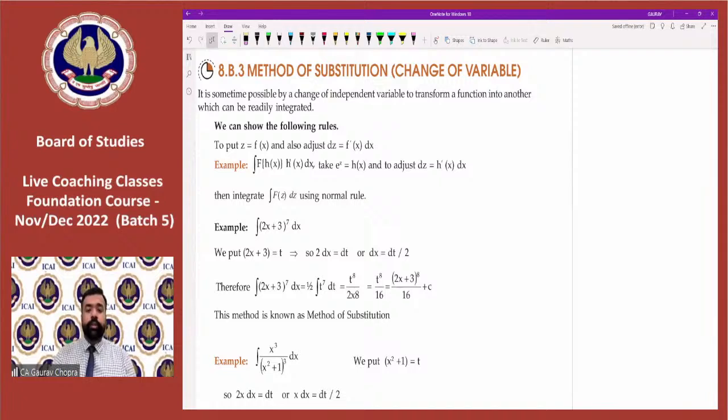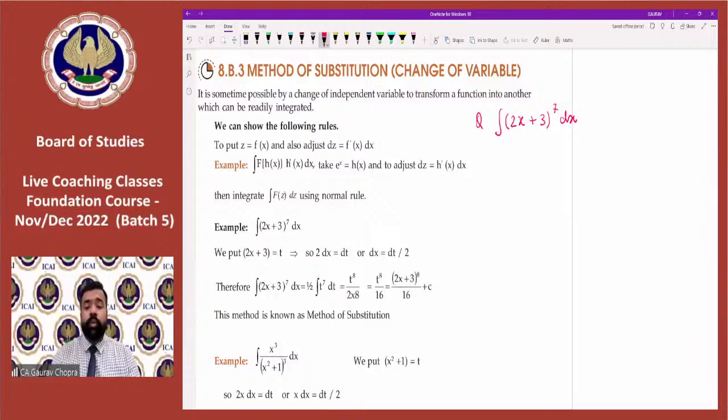So let's do this. Integrate (2x plus 3) whole to the power of 7. This is the question.